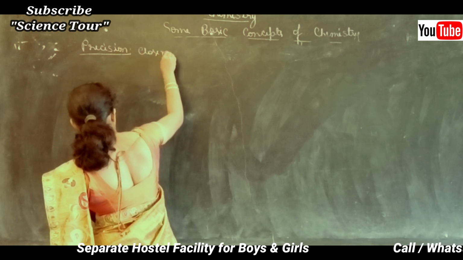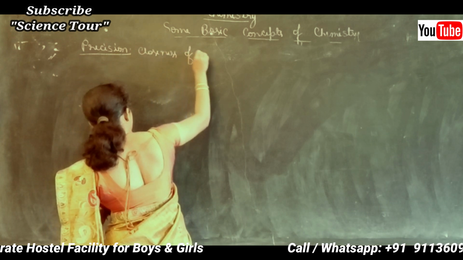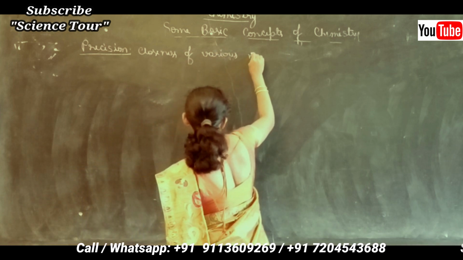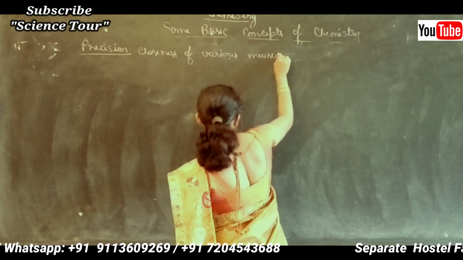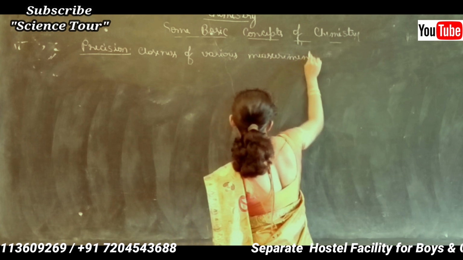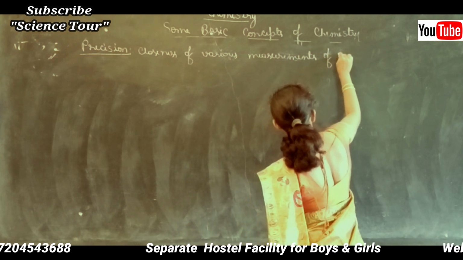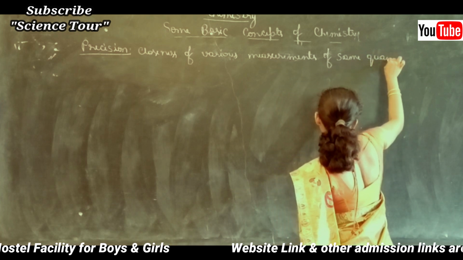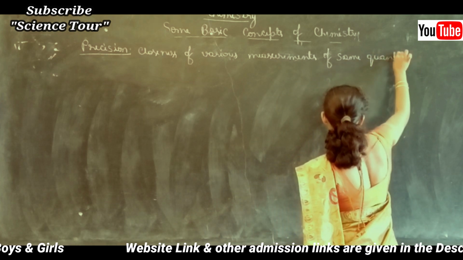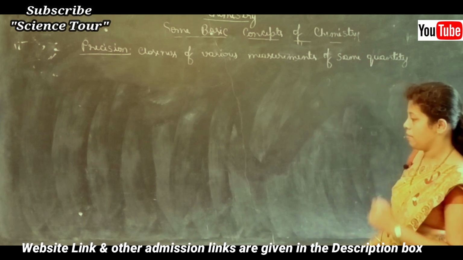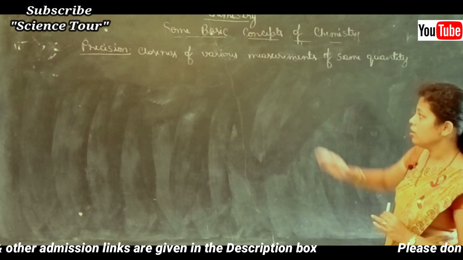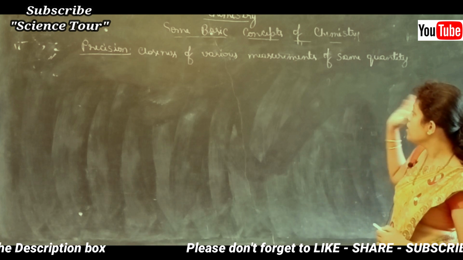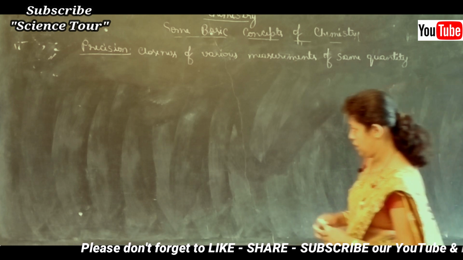Closeness of different measurements of the same quantity. What is it? Let us study by taking an example. Now just know the definition. Precision means closeness of various measurements of the same quantity.